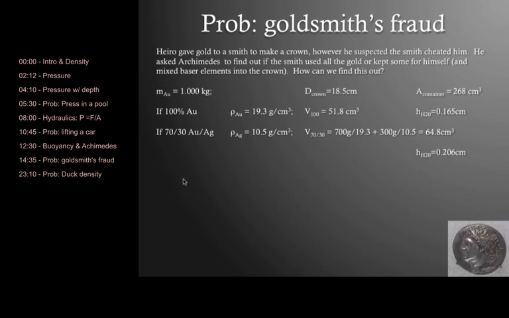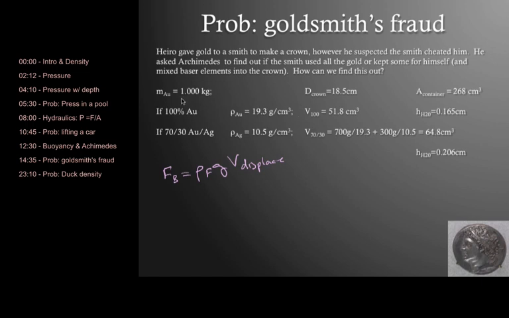So the first thing you could do is, well, we know the buoyant force, right? This is equal to rho of the fluid, g, and then V, the fluid displaced. And we know that if we put the object in, we're going to get some buoyant force.